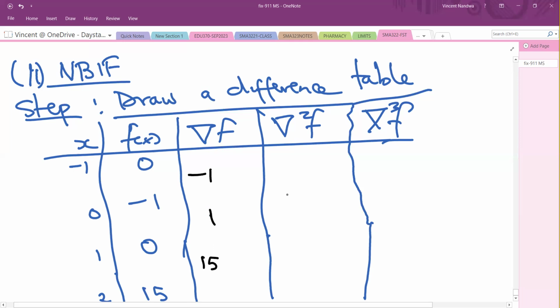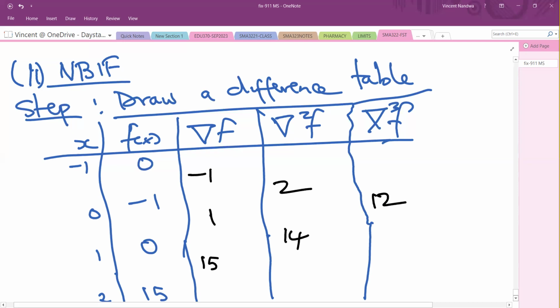Then the difference between 1 and -1 is 2. 15 and 1 is 14. 14 and 2 is 12. Remember, the table is exactly the same as for the forward difference table. What will make the difference is only the labels, but in terms of the numerical values, they will not change. They will be the same numbers.